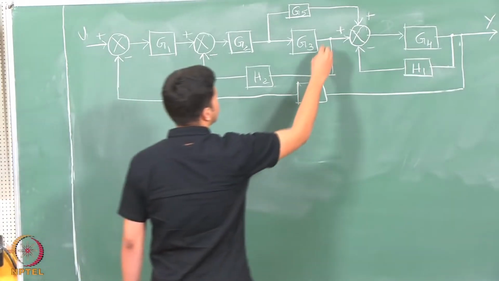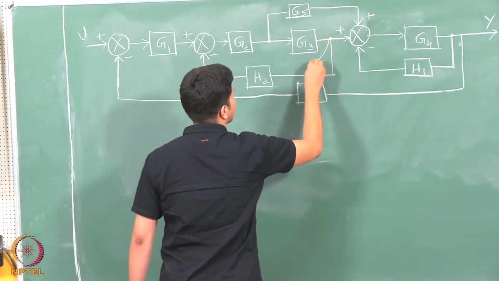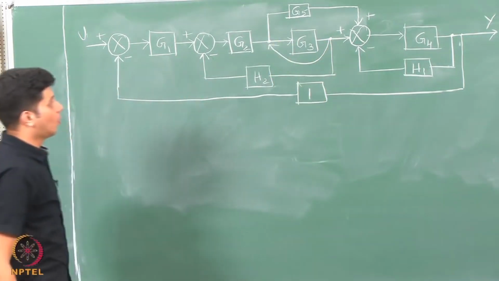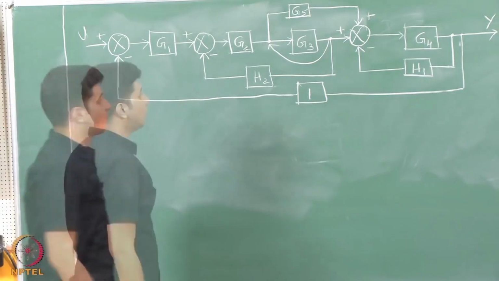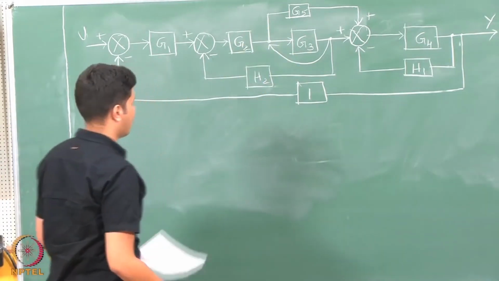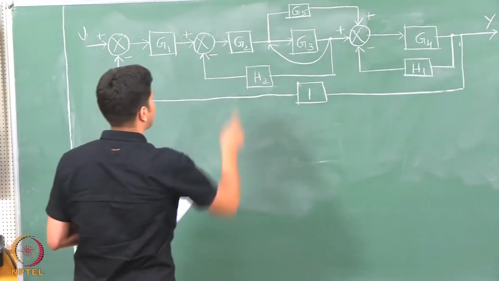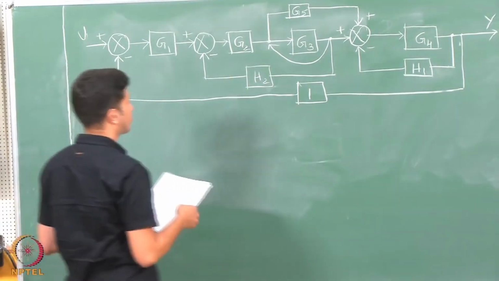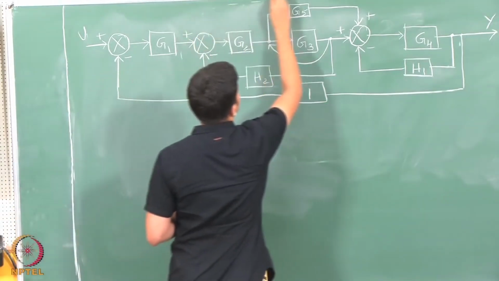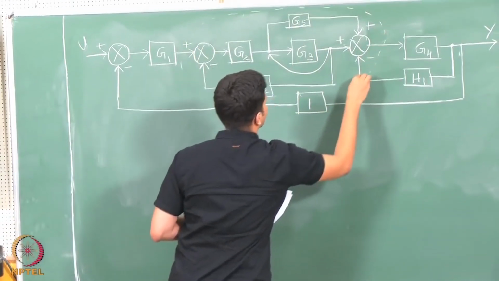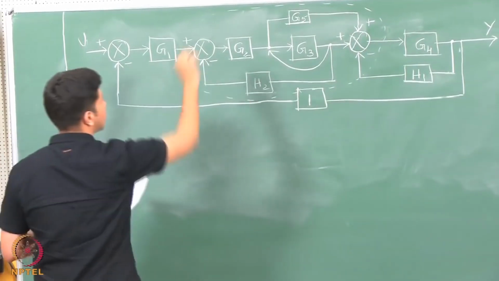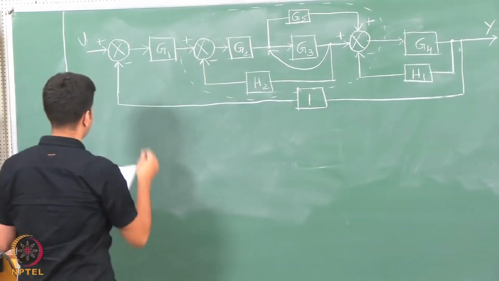So what we can do is we can shift this here, and once we shift that, we can easily simplify these blocks and find their overall transfer function. So once we shift that block, this is what we get. I will only draw this part of the block diagram and see how it looks once we shift that.